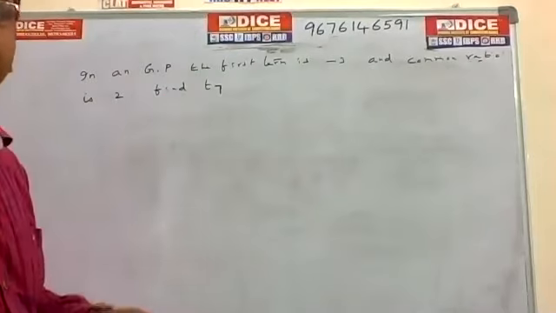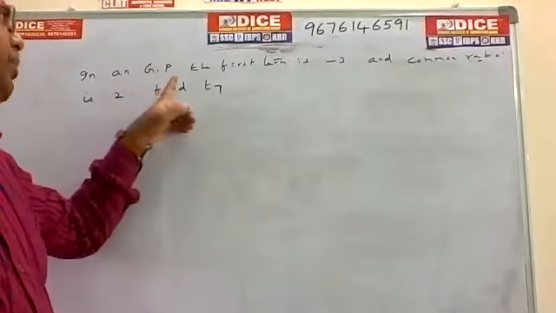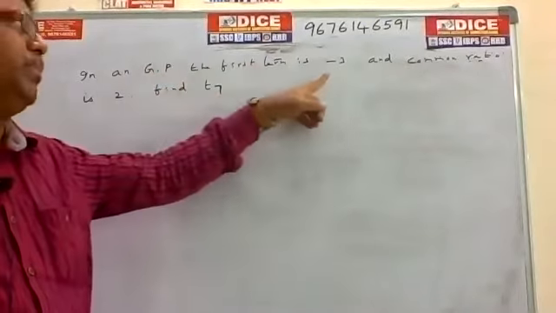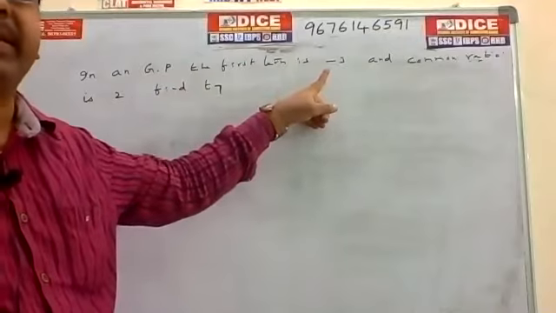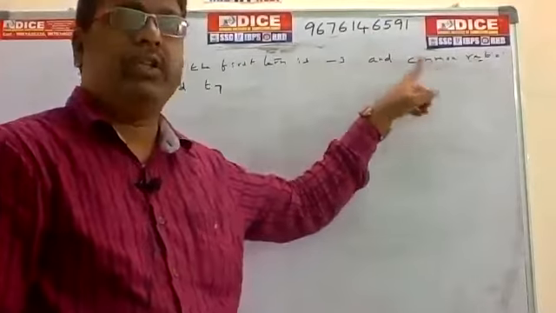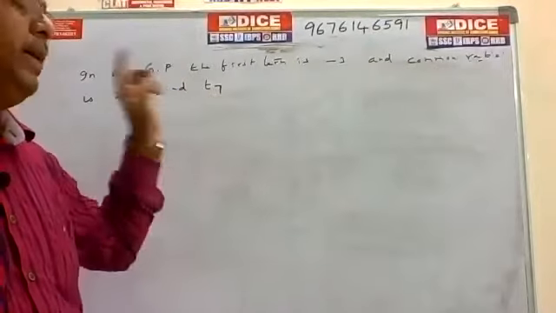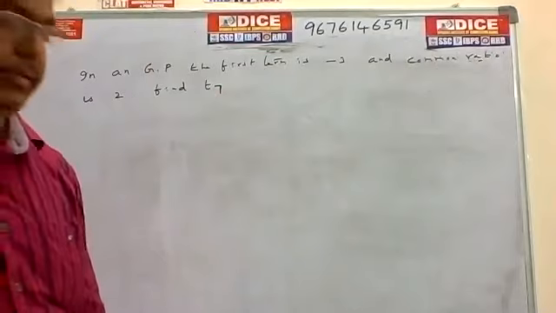Find T7. The question is like this. In a GP, the first term is minus 3. The first term means A is equal to minus 3, and common ratio 2 means R is equal to 2. Find T7.